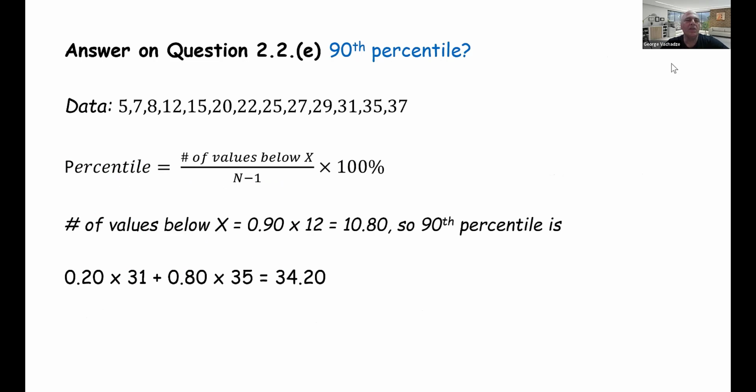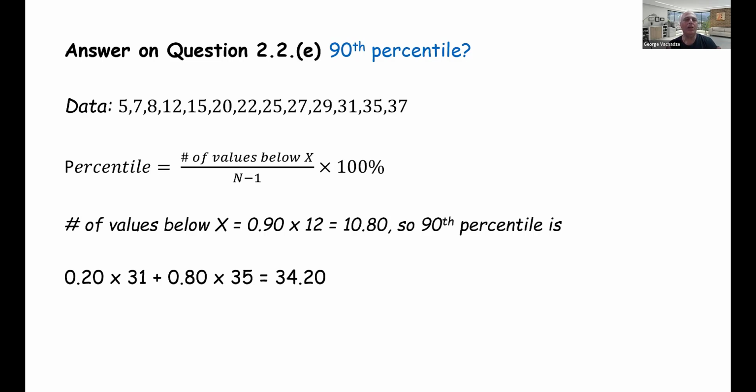We use the same formula, but we need a little trick here, because if we plug in 90% instead of percentile, divide everything by 100 and multiply by 12, we get 10.80. So there is nothing standing in the 10.8 position, because positions are natural numbers, right?